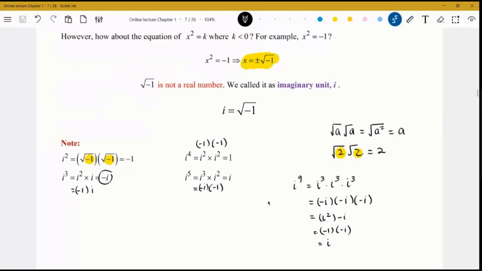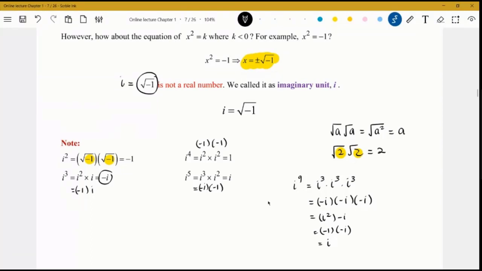Teacher, saya mau tanya, yang i tu dia kenapa sama dengan punca negative 1? Sebab ini adalah not real number, so dia memang denote benda ni sebagai i. Okay, alright.